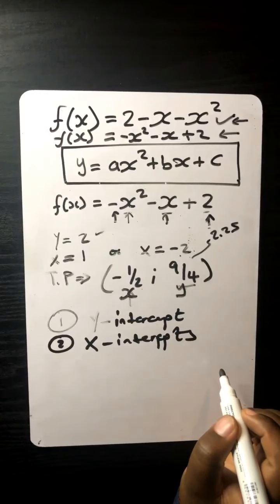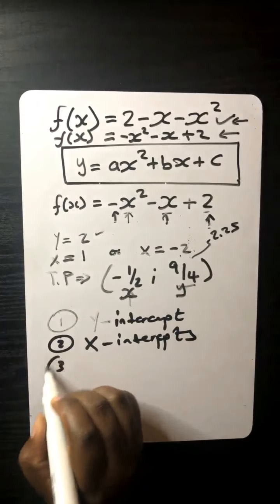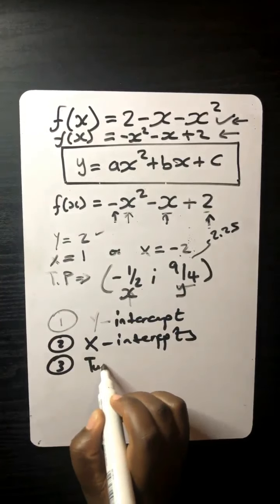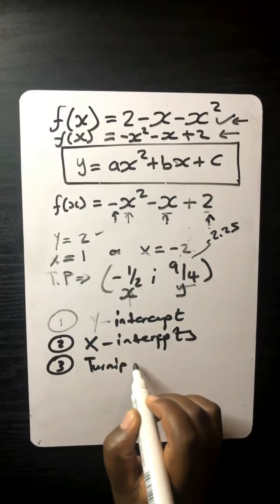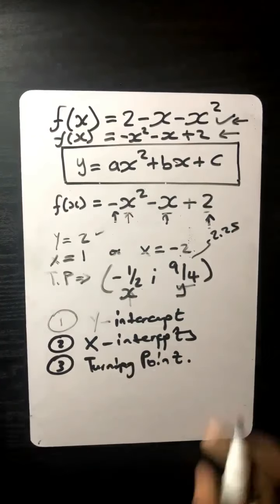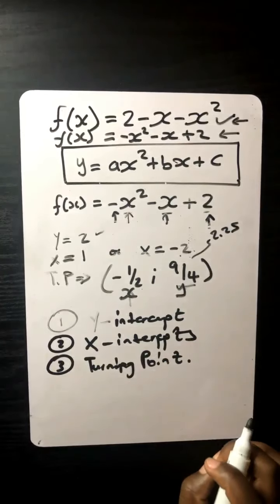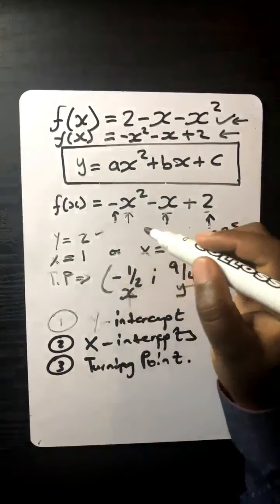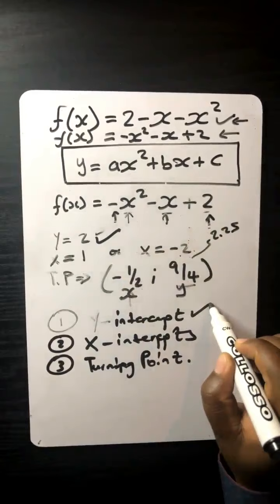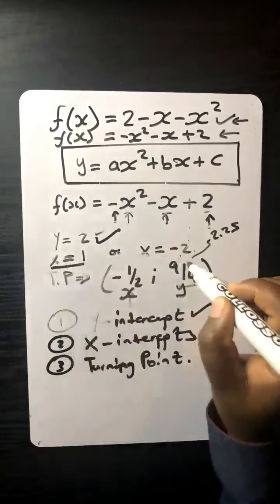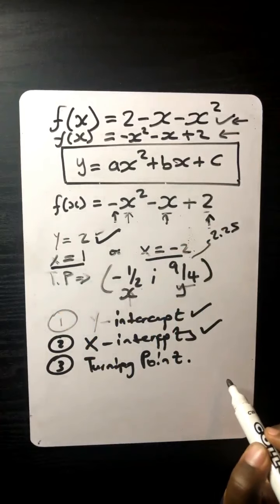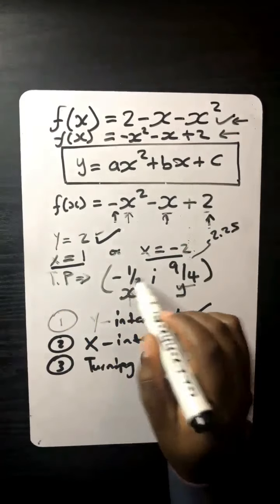Don't mind my spelling, guys. Number 3, you need the turning point. This is all that you need in order to plot. So we've got the y-intercept, which is 2. We have the x-intercepts, which are 1 and negative 2. Then we have the turning point.